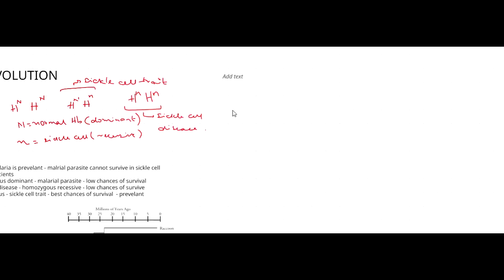The earth might enter into another ice age. So once again, those organisms that were able to survive in the ice age will not be able to survive in the tropical climates. Those organisms that can survive in tropical climate will not be able to survive in the ice age. So that is another reason why a lot of the species that used to be on the earth have now become extinct.